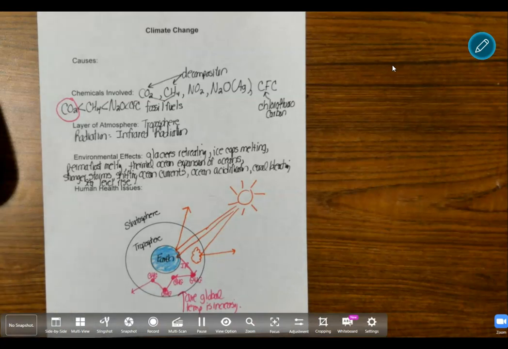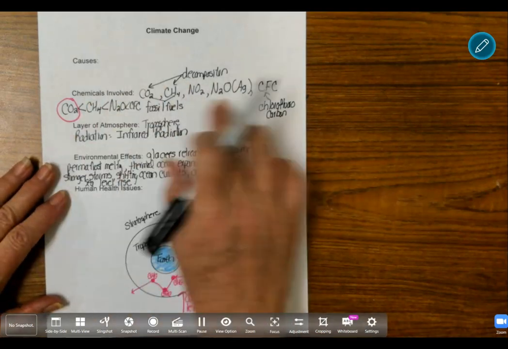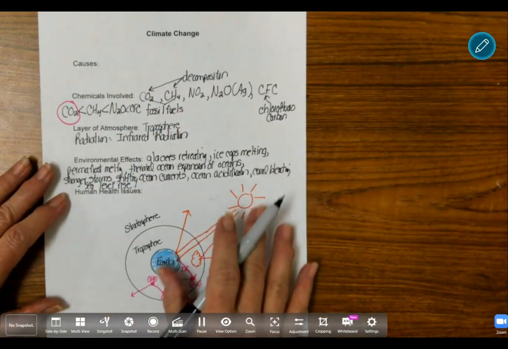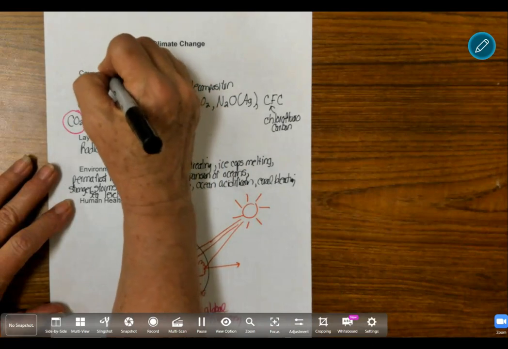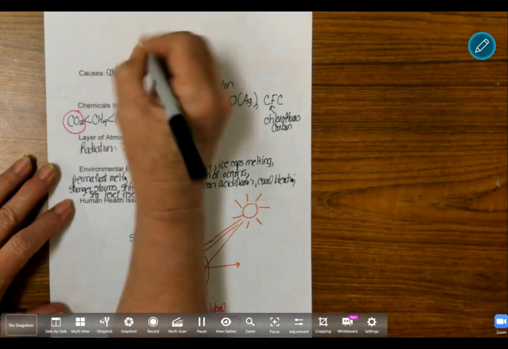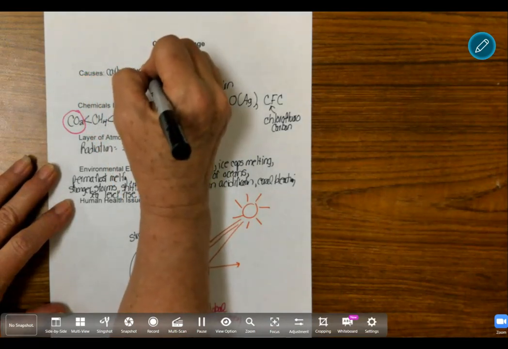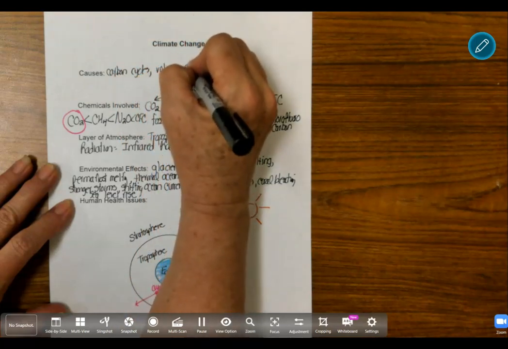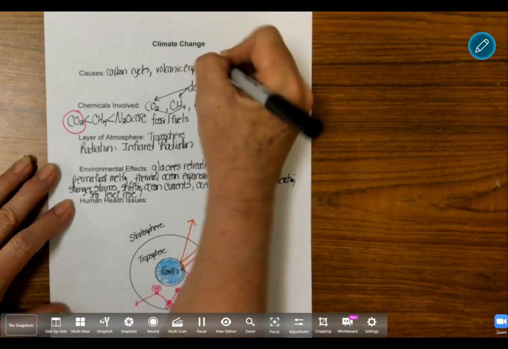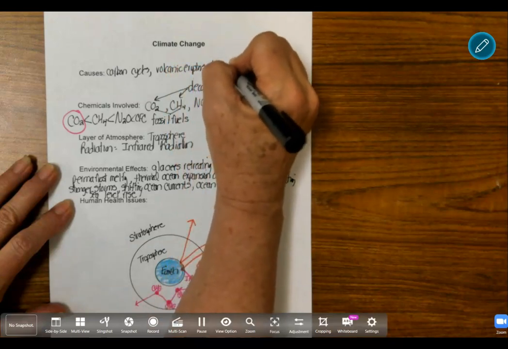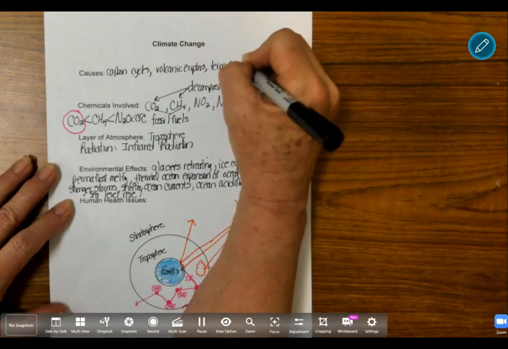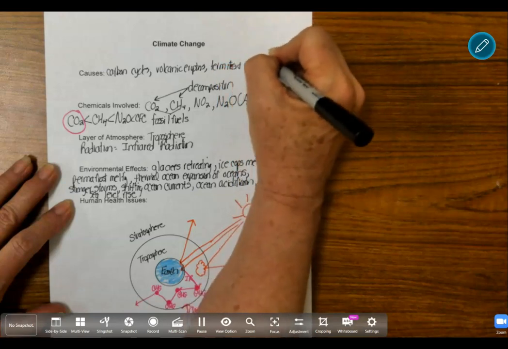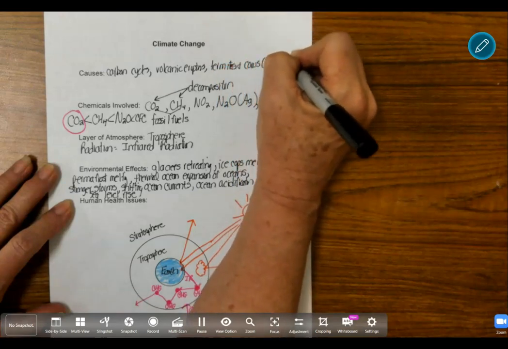Now, what are some of the causes? Let's real quickly talk about what are some of the causes of the presence of these materials. We're going to work backwards. We've got the carbon cycle, which has carbon in it. Volcanic eruptions can be a cause. We'll talk about some of those. Cows release methane gas, if you can believe that.